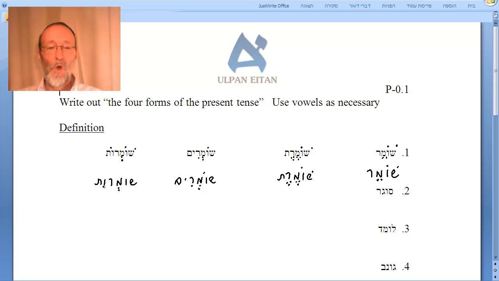Unlike English, where we can say, I read, you read, he reads, she reads, they read, in Hebrew, we have 4 forms: the masculine singular, the feminine singular, the masculine plural, and the feminine plural.